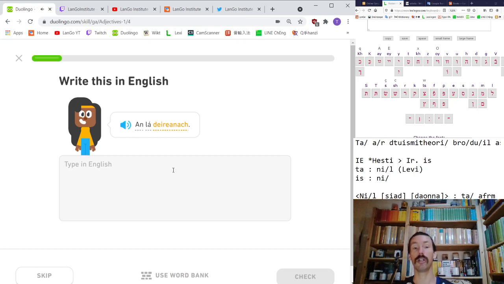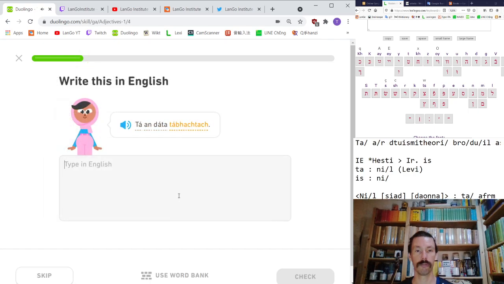Not deireanach. Okay, normally a slender R will be an R, but maybe only if it's with another consonant. An lá deireanach. I'm sure it differs from region to region. For this speaker, she tends to have R, vowel trill, but not here. So it's the day last. In terms of word order, we say the last.